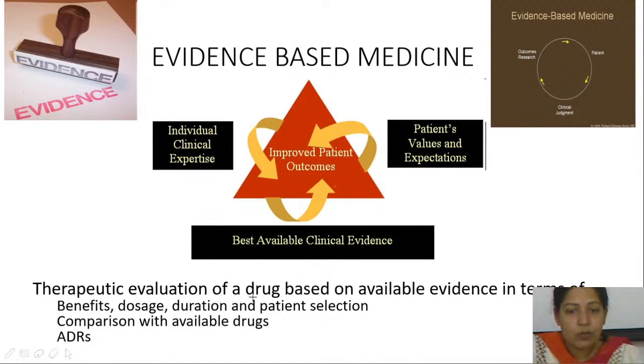The therapeutic evaluation of a drug based on available evidence in terms of benefits, dosage, duration, patient selection, comparison with other drugs, and adverse drug reactions. So all this goes into the best available clinical evidence, and it gives lesser importance to individual expertise and patients' expectations. So follow evidence-based medicine or evidence-based prescribing, and you are more likely to be rational in your approach towards drug prescribing.